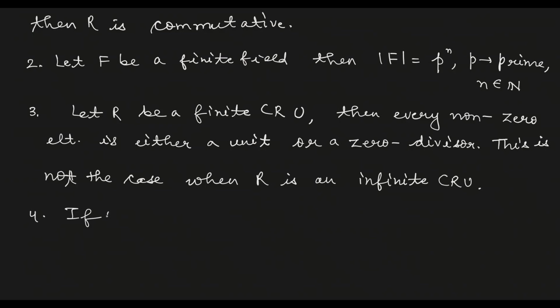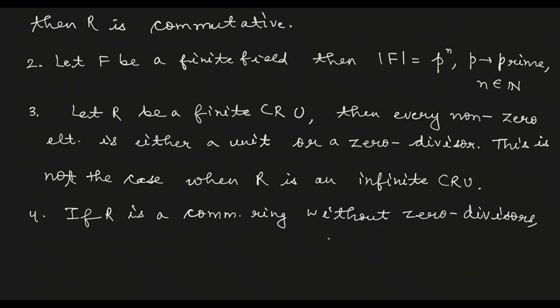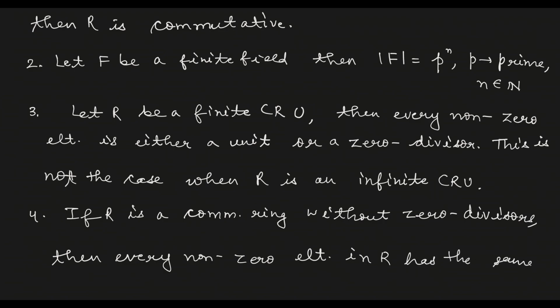Fourth, if R is a commutative ring without zero divisors, then every non-zero element in R has the same additive order.